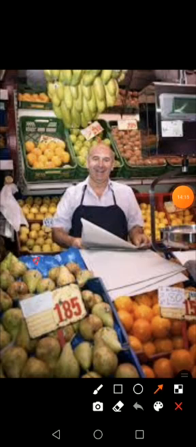So the new word here is traders, okay? So what does traders mean? Trader is someone who buys and sells things. So this person is a trader, someone who buys and sells things, okay? He buys and sells food and what? Fruits and vegetables, right?